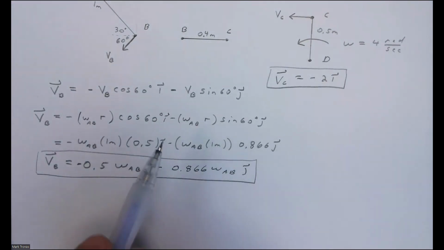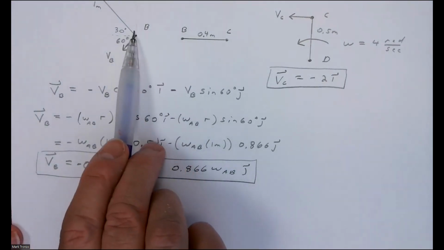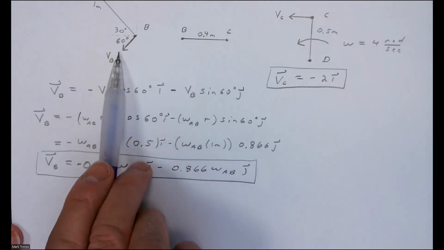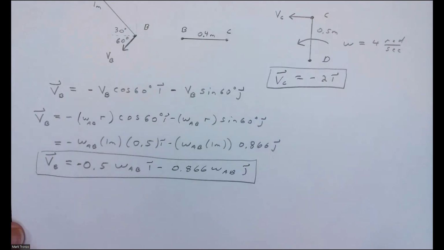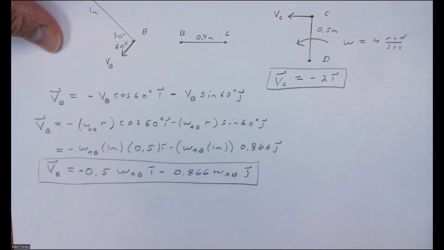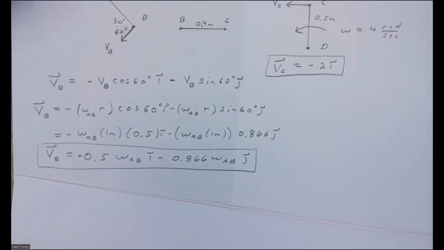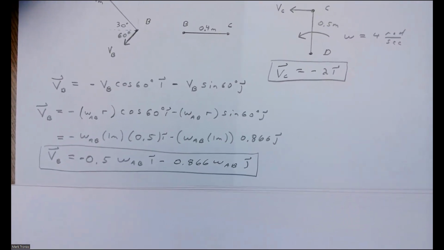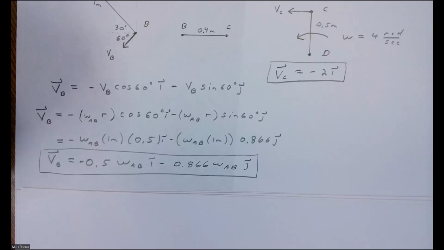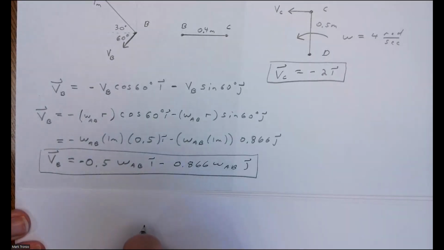Now notice again, for B, we have its direction for the velocity. For C, we have its direction. So let's take a look at BC. And this is where we're going to end up using the instant center.